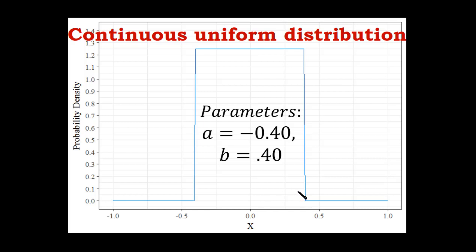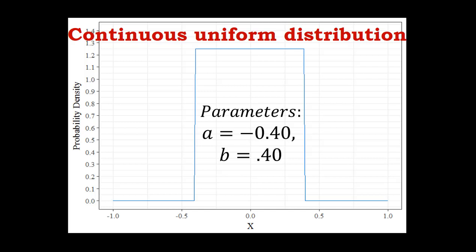So 1 divided by 0.8 is 1.25, and 1.25 is what we have here. So probability density, remember, is the probability mass divided by the length of the interval in which we have that probability mass. Probability densities do not add to 1, they integrate to 1.